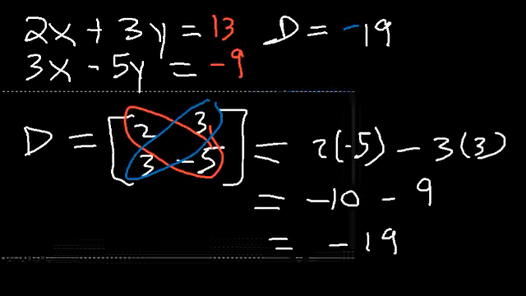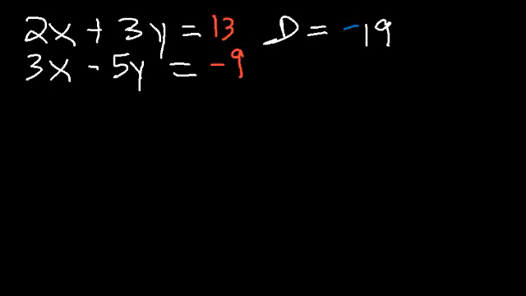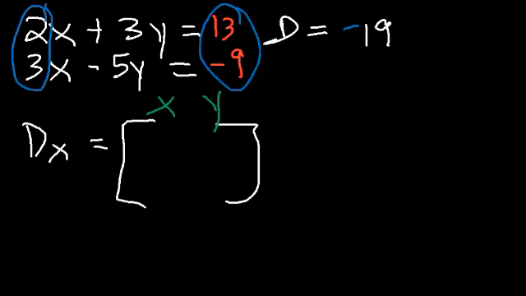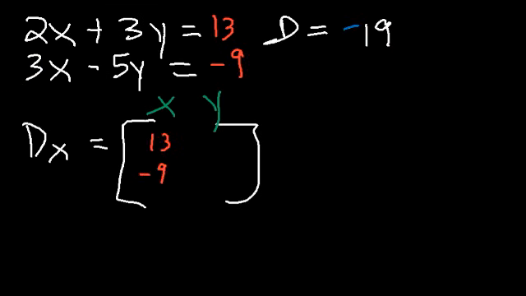Now that we have d, let's calculate dx. First, we need to write the 2x2 matrix for dx. This is going to be the coefficients for x and y, but to find dx, replace the coefficients of x with c1 and c2. So this is going to be 13 and negative 9, and then the coefficients of y are 3 and negative 5.